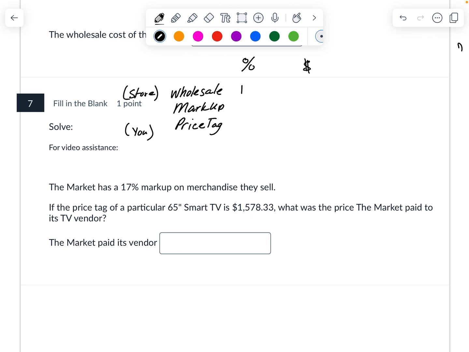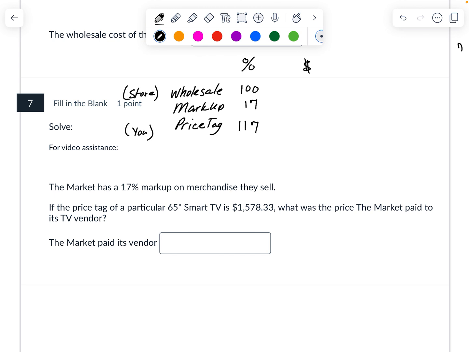The store pays for the entire item, and then they're going to mark the item up to make a profit. And in this problem, they mark it up 17%, so they're going to sell it to you for 117%. Think of it this way: if the item that they bought, they paid $100 for it, they're going to sell it to you for $117. They're going to make $17 profit.